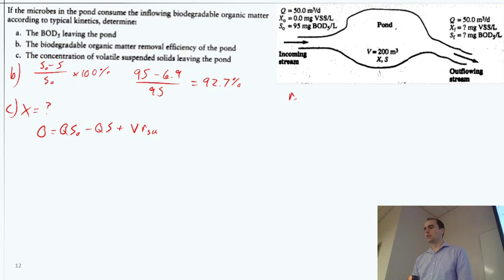I'm going to remind you here, substrate utilization rate we can define as minus RG divided by Y.